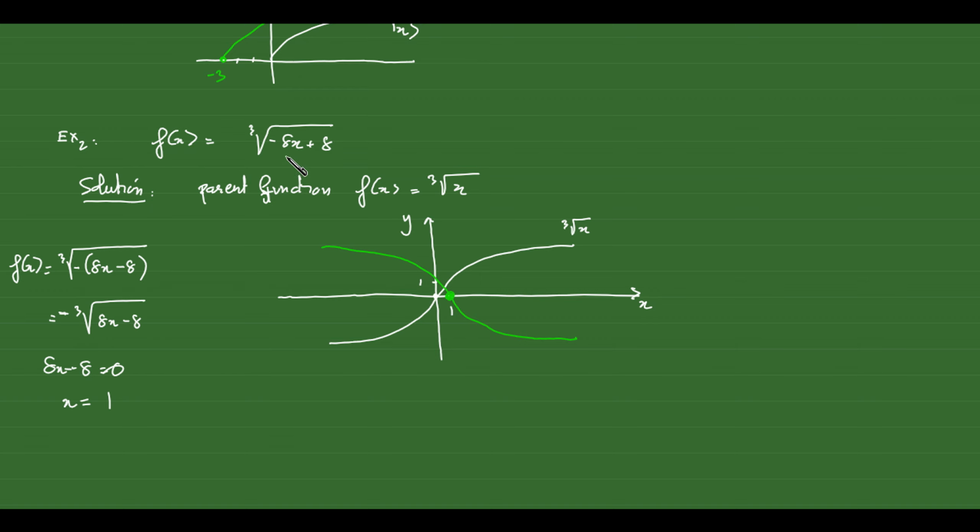Even though if we set negative x plus 1 equal to 0, x equals 1, if we do so we can just shift it to the right 1 unit without reflecting. The negative value tells us that we have to reflect the parent function about the x-axis first. Then we shift it to the right 1 unit. Okay?